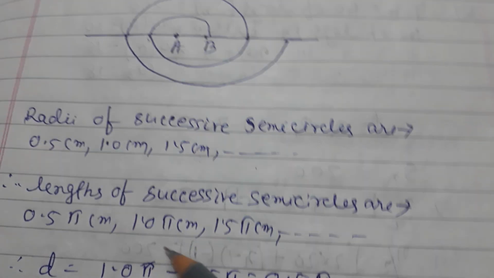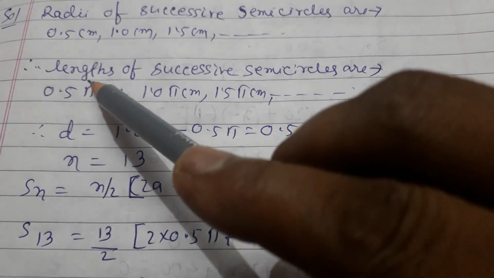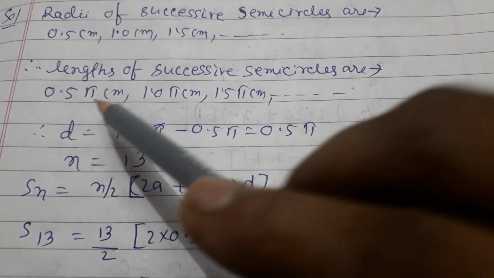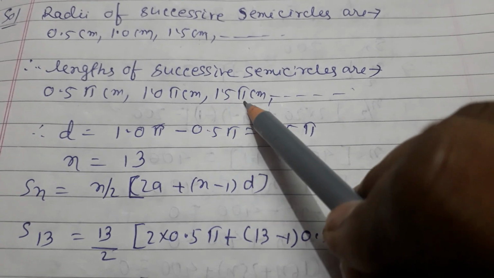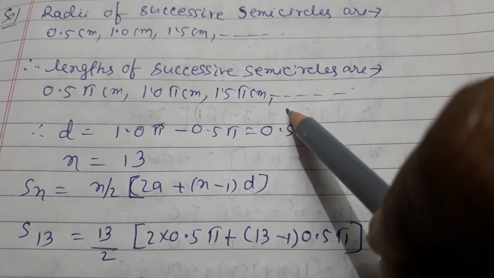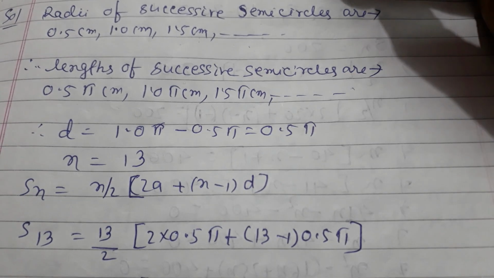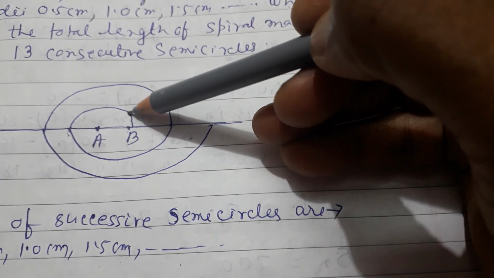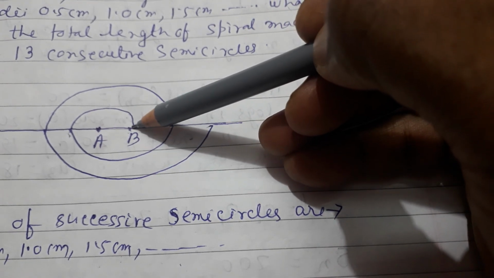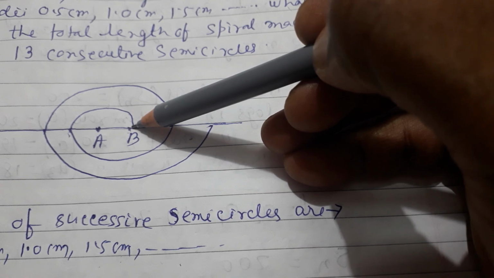So the lengths of the successive semicircles are 0.5 pi centimeter, 1.0 pi centimeter, 1.5 pi centimeter, 2.0 pi centimeter and so on, because the perimeter of a circle is 2 pi r, and the perimeter of a semicircle is only pi r.